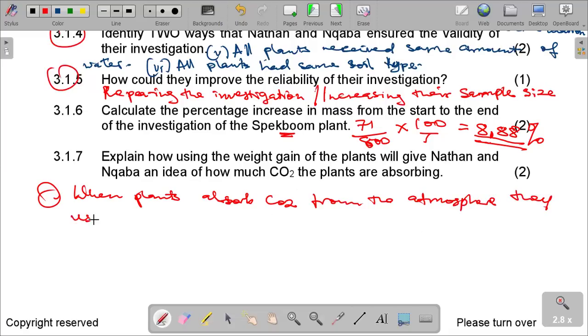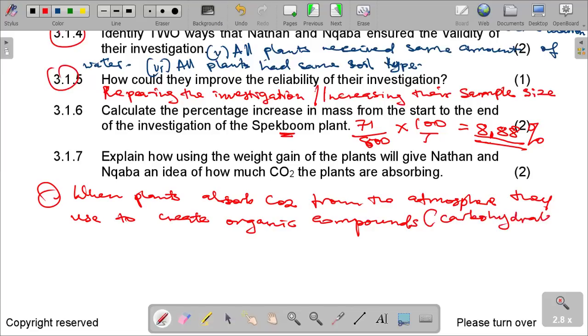When they absorb carbon dioxide from the atmosphere, they use it to create organic compounds, for example carbohydrates, which they can use to grow.